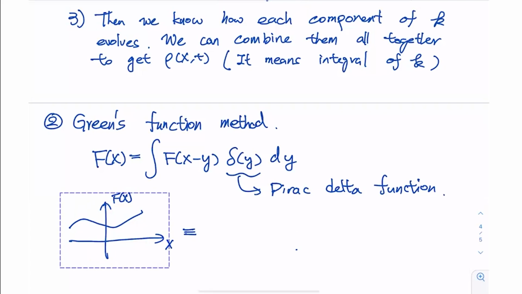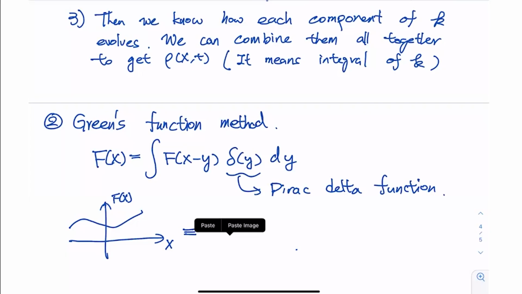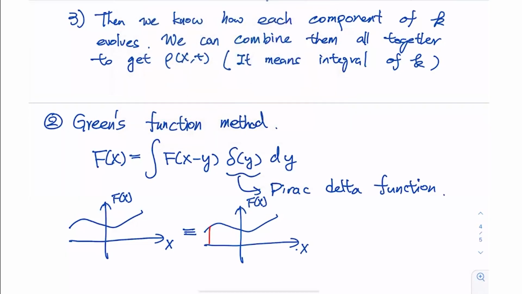It's the advantage of using an electric board. I can think of it as some kind of combination of a bunch of delta functions, but with a proper weight related to the function f of x.